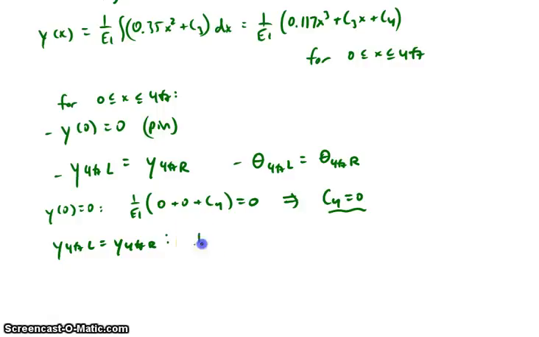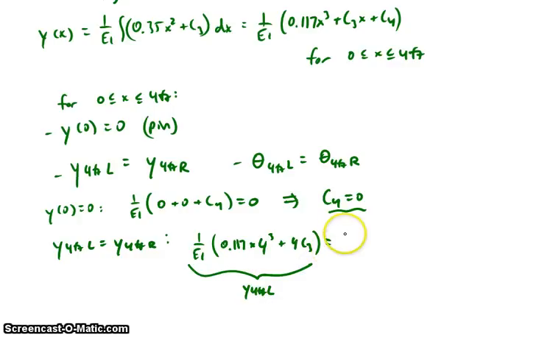So we'll have 1 over EI times 0.117 times x, which in this case is 4 cubed, plus 4C3, and I'm not going to put in a C4 because we know it's 0. What I just wrote here is y 4 feet from the left, and we're going to set that equal to y at 4 feet from the right.